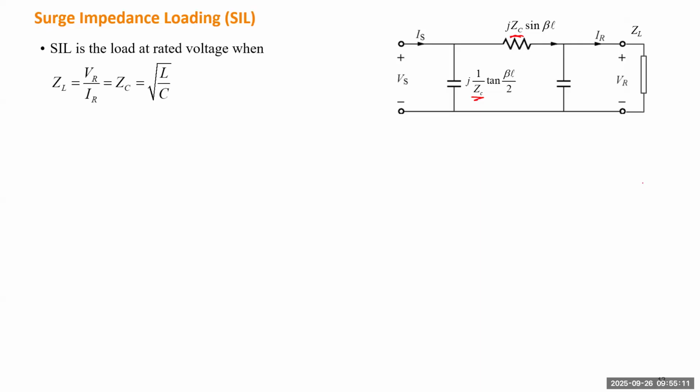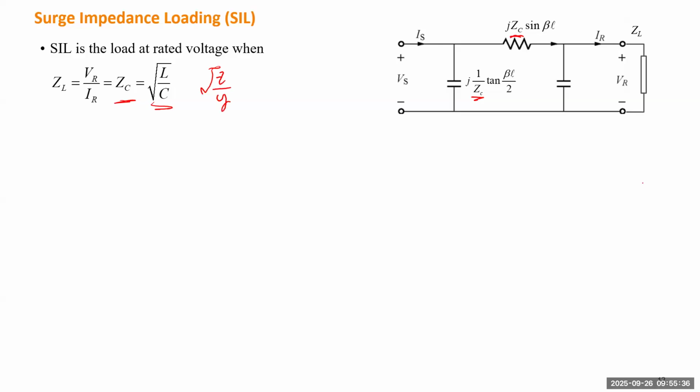Surge impedance load is simply defined as a load with load impedance equal to surge impedance. Surge impedance itself is a complex number, but if we ignore the loss, we can use this formula to calculate. Originally, surge impedance is defined to be the square root of Z divided by Y, right?